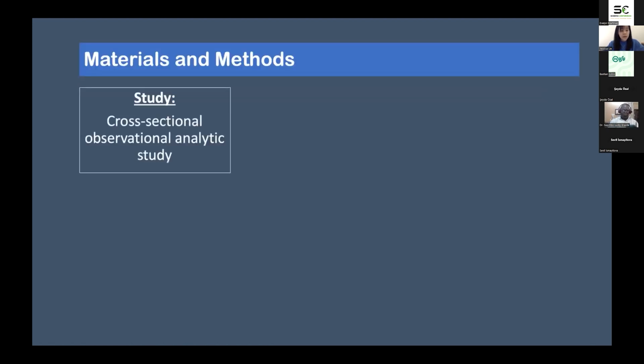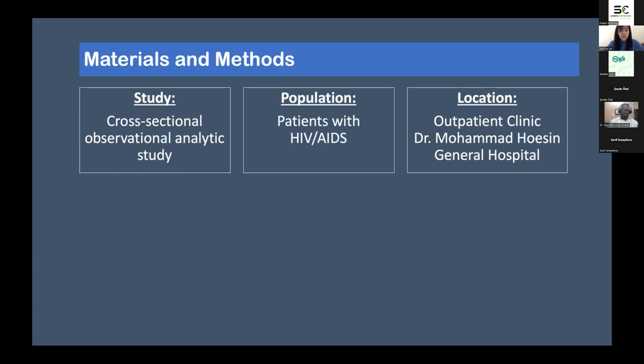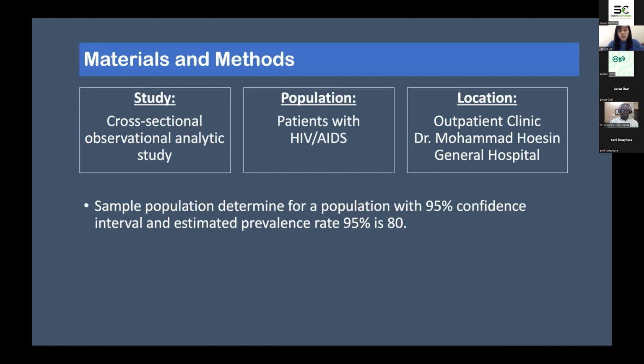This was a cross-sectional observational analytical study with a population of patients with HIV in the outpatient clinic of Dr. Muhammad Hussein General Hospital. The sample size was determined for a 95% confidence interval and estimated to be 80, from December 2018 to March 2019, and the study was approved by the board's ethical committee.